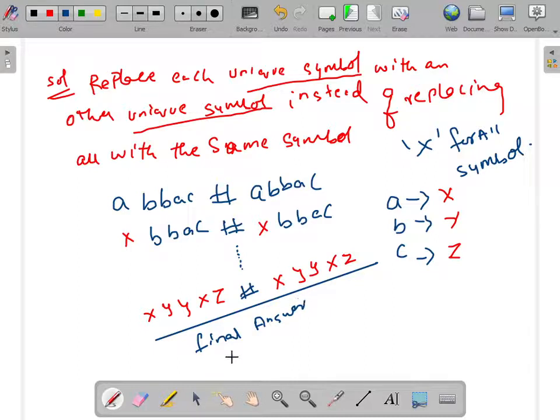In the final answer we got X, Y, Y, X, Z.